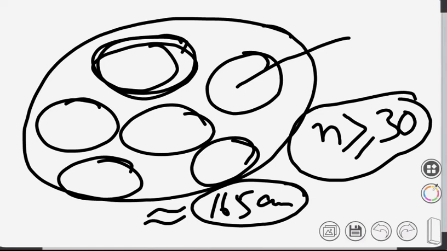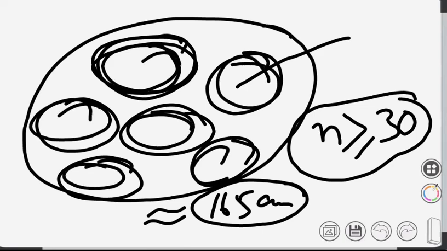I haven't said it is exactly 165, because I was considering a sample, which is a part of the whole and not the whole. So there will be some amount of error in it. It will be near about 165, the average height of all the students.